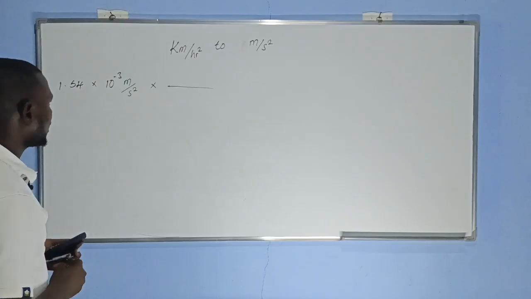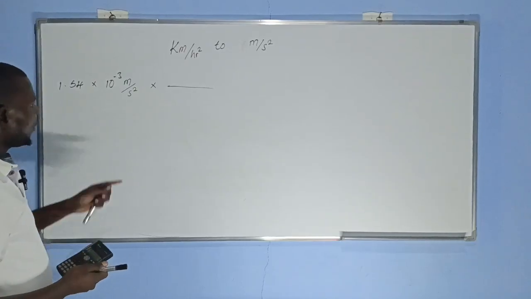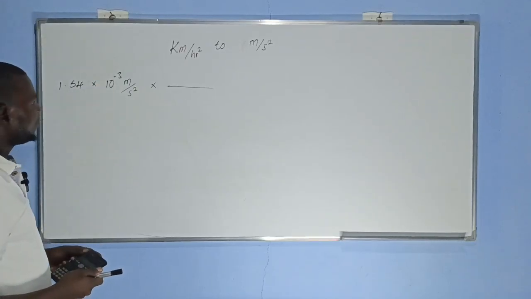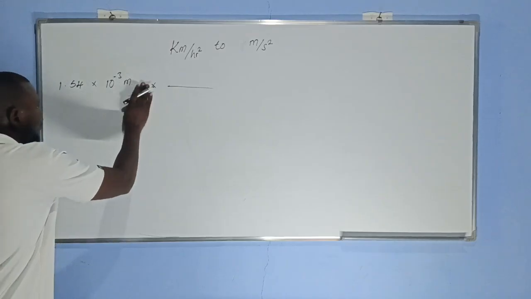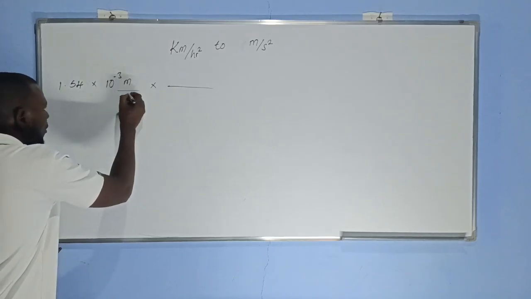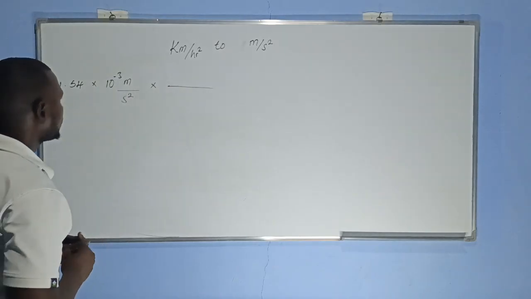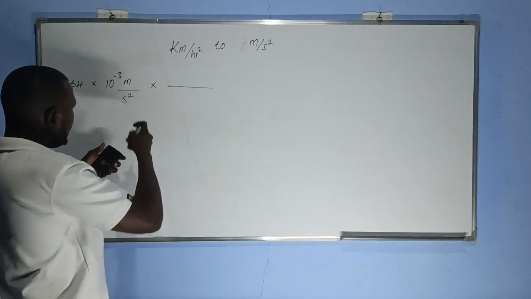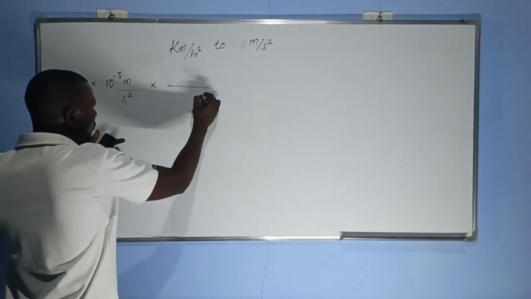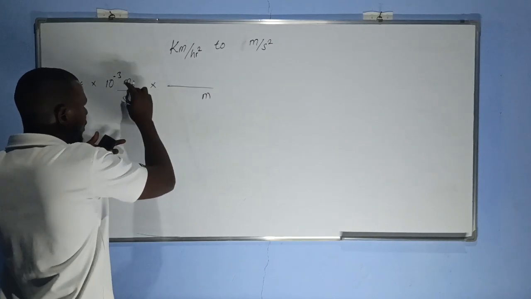The same process comes in where we are saying we need to convert each of them individually. So we are converting meters to kilometers, and we are also going to convert square seconds to square hours. So now let's do that. Since our unit is meters here, we need to put it down so that they can cancel.